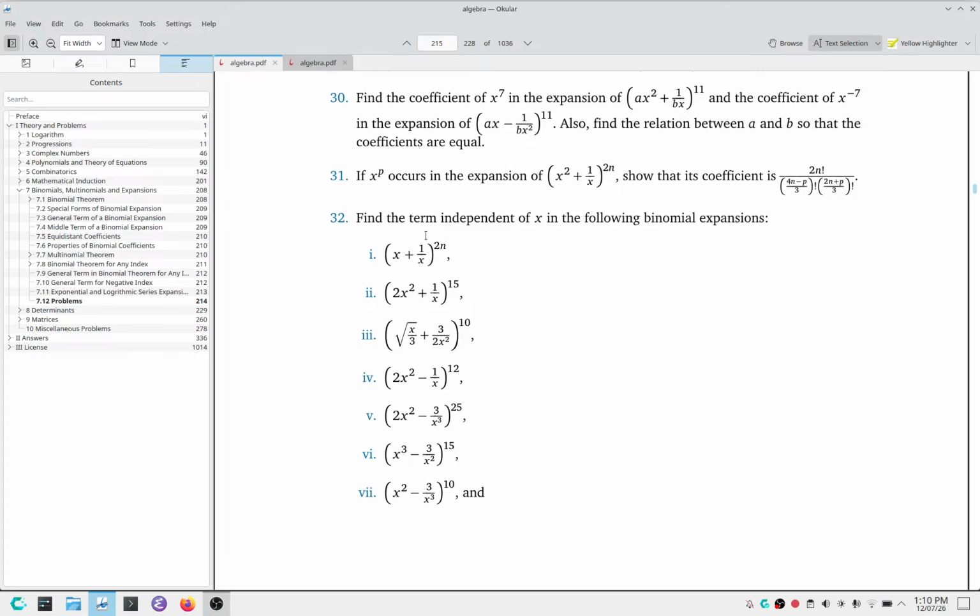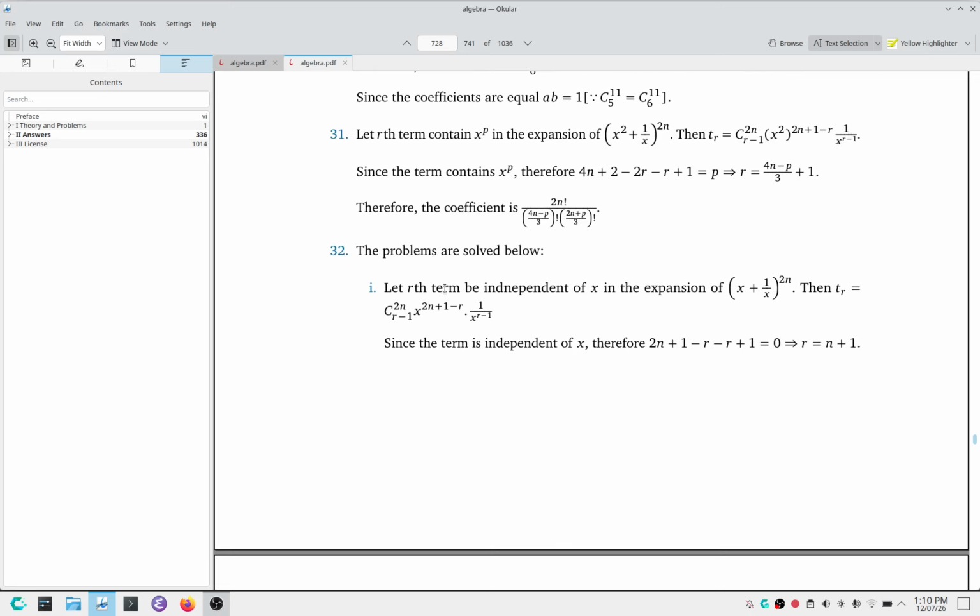Question 32 says that find the term independent of x in the following binomial expansions. The first one is x plus 1 upon x to the power 2n. So we see that it is symmetric, so the middle term will be free of x. So we evaluate the rth term here, which is 2n c r minus 1 x raised to the power 2n plus 1 minus r times 1 upon x raised to the power r minus 1.